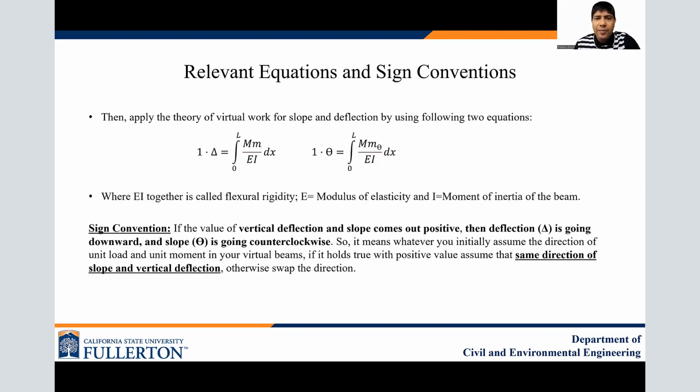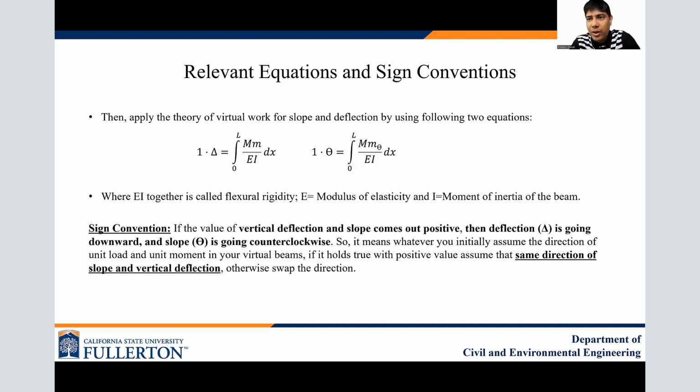Now is our time to apply the theory of virtual work. For finding deflection, we'll go through the theory: 1 times delta equals the integral of M m over EI dx, integrating from 0 to L, the whole span of the beam. And for finding slope, 1 times theta equals the integral of M m sub theta over EI dx, from 0 to L, the whole span of the beam.